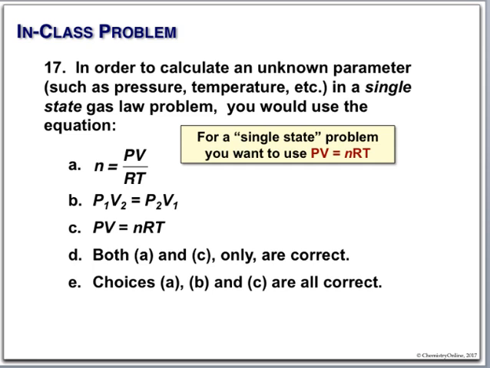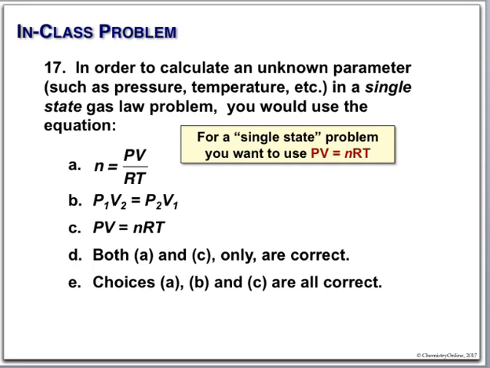Except we have A and C and A, B, and C. All right, look at B. P1, V1, P2, V2. What is that? Well, that's a two-state right away, isn't it? This isn't quite Boyle's law. Boyle's law would be P1 V1 equals P2 V2.